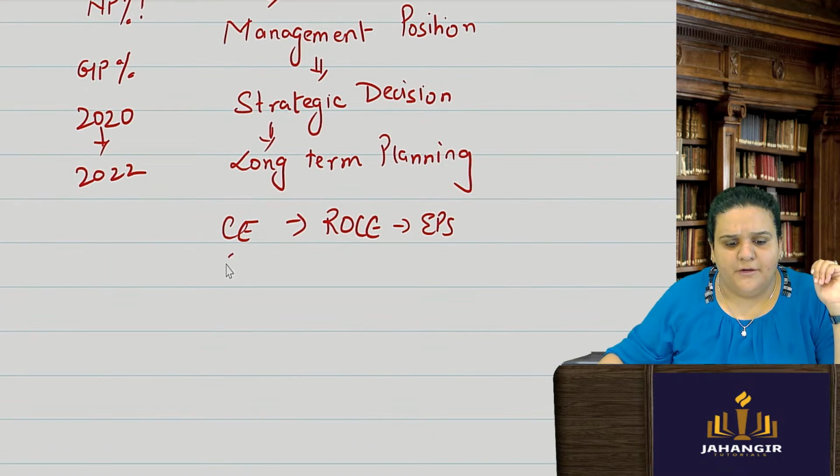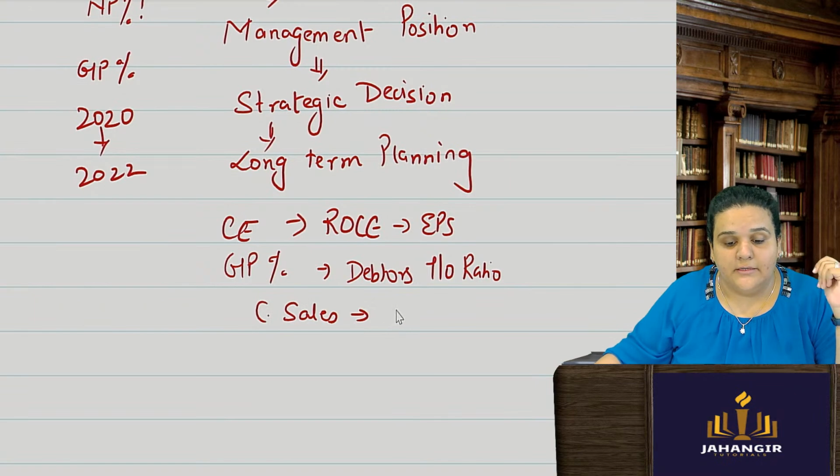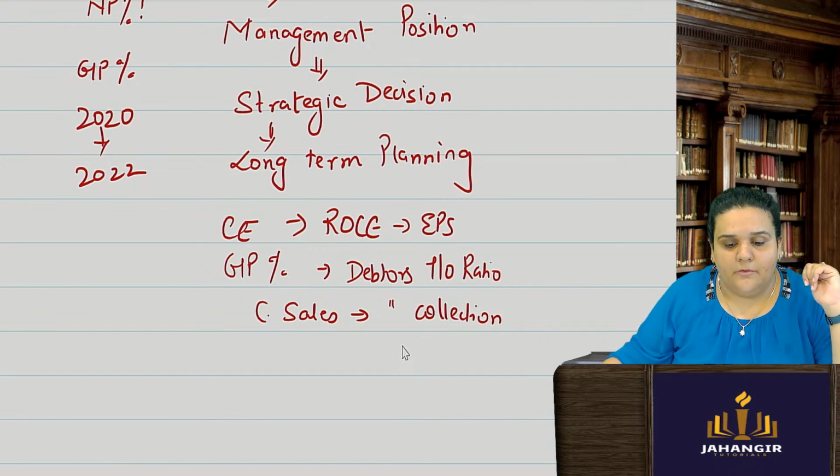What is the gross profit percentage? How much is the debtors turnover ratio? How much is the credit sales which I am generating? And what is the debtors collection period, how many days, what is the average period in which I am able to collect the debtors amount?